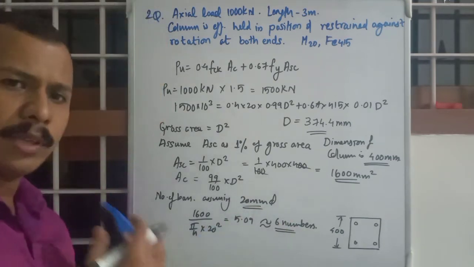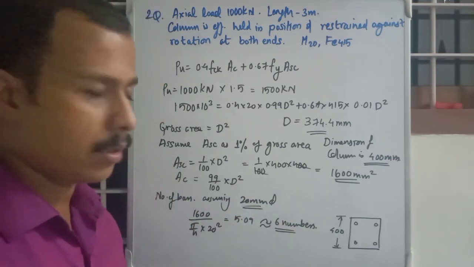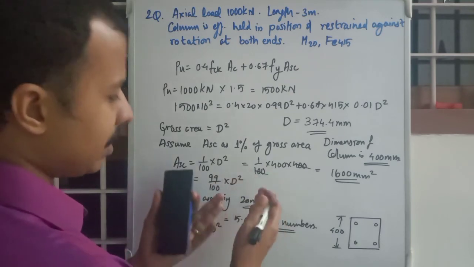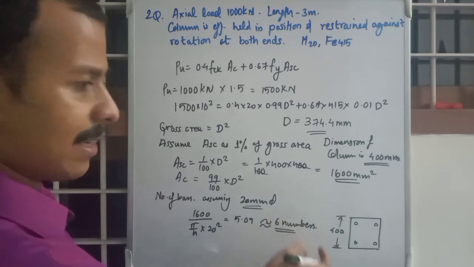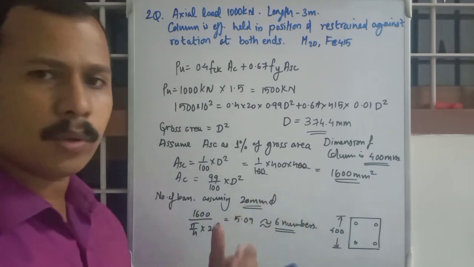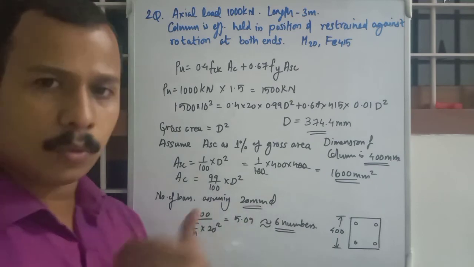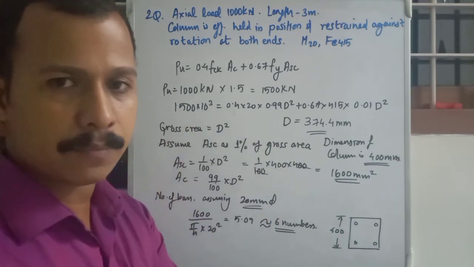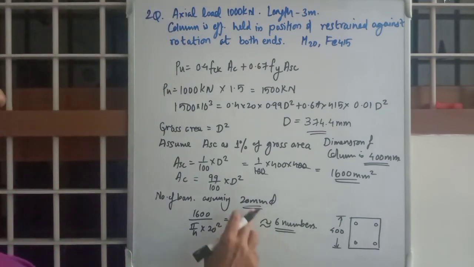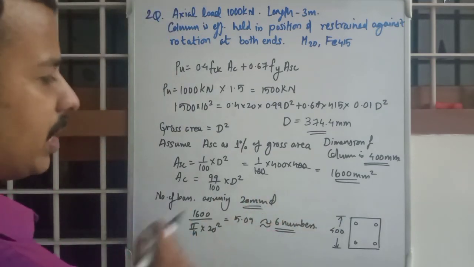When we are actually designing a column, you can assume 32 and carry out the calculations, get it as 3, then recalculate with 20. It's okay, we will know that you have put down the effort. So right now it is 6 bars of 20 mm diameter.